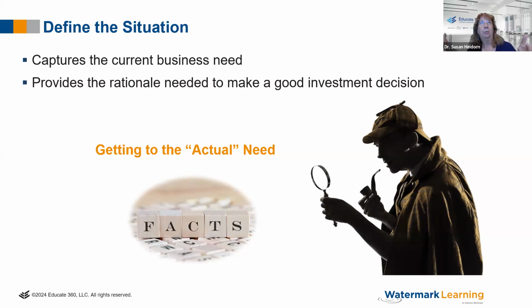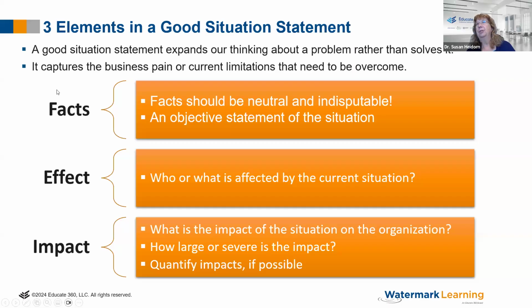I mean, we have 1,000 customers and 500 are calling for problems, yeah, that's a big deal. If it's 500 out of 500 million, maybe it's not that big a deal. And how does it compare to what we used to have? So you need context. So this is getting actually to this actual need.